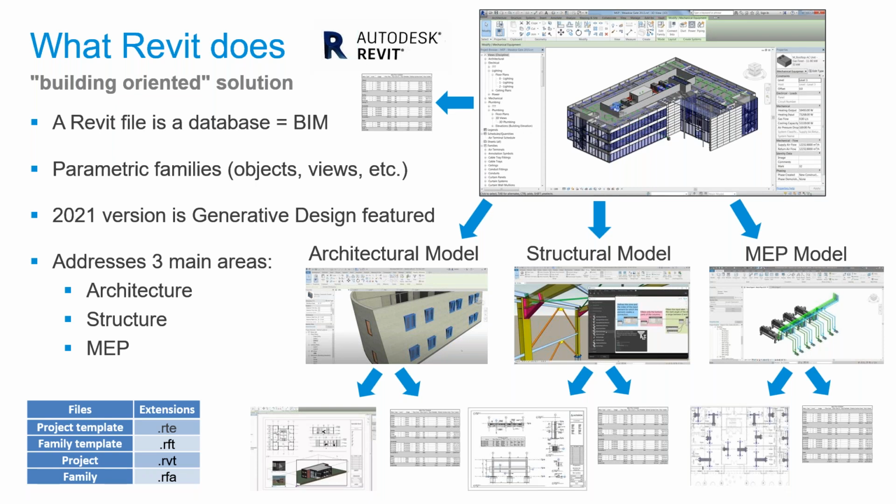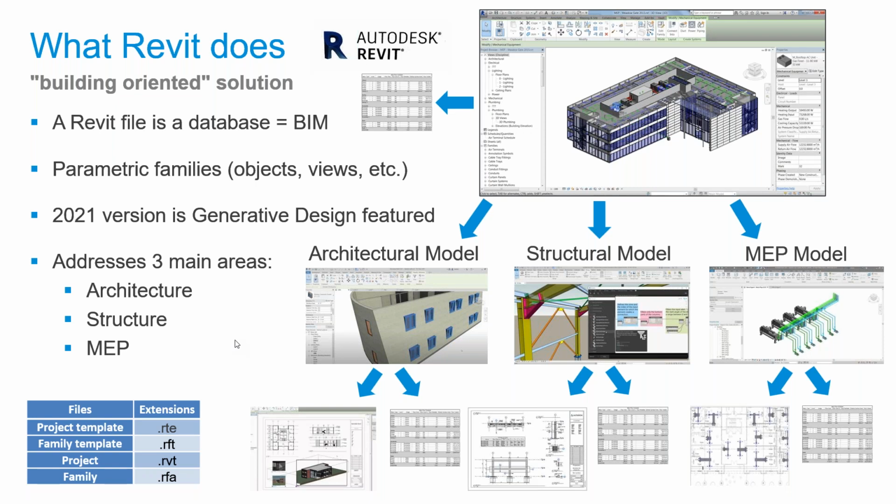So for those who don't know Revit, here you can see on the top a central file. Usually we talk about a central model in Revit, and it's split into three main disciplines: architecture, structure, and MEP. And before, we used to have different flavors of Revit. So since 2016, we have the Revit One Box, and it aggregates all these three features with all the families, the libraries, and everything.